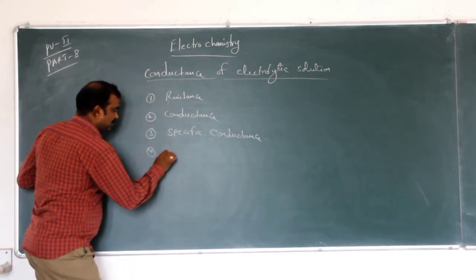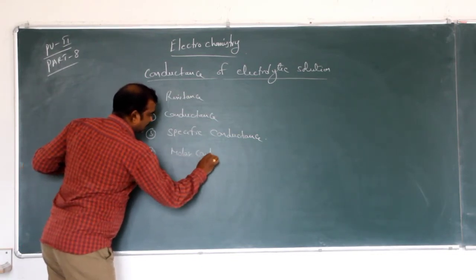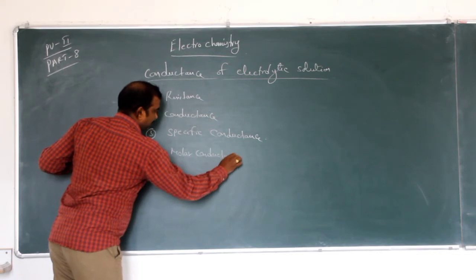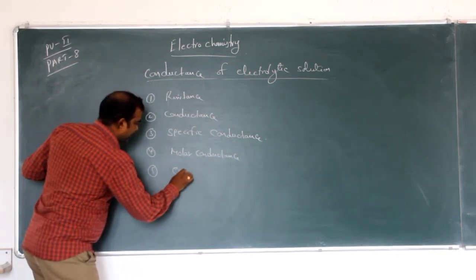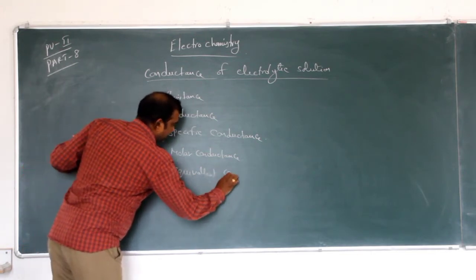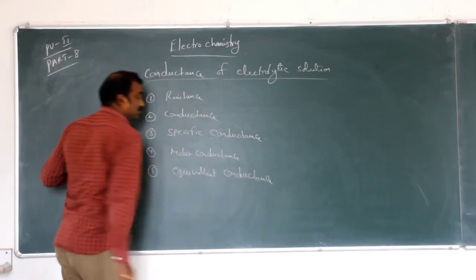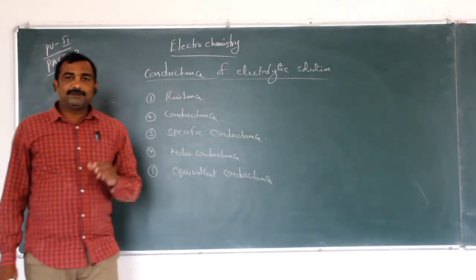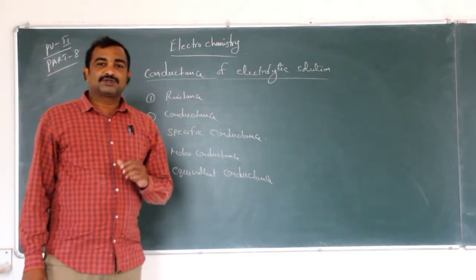The fourth one is molar conductance. And the fifth one is equivalent conductance. So these are the 5 terms which are very, very important to discuss about conductance of electrolytic solution.